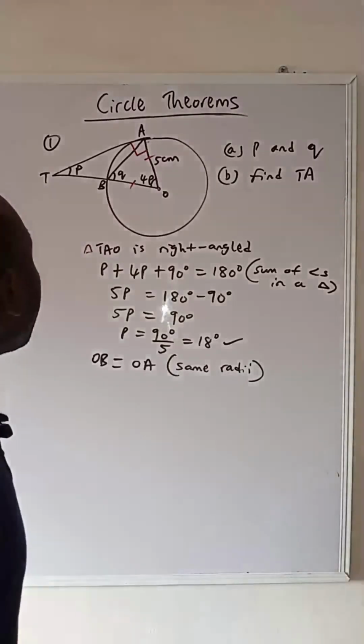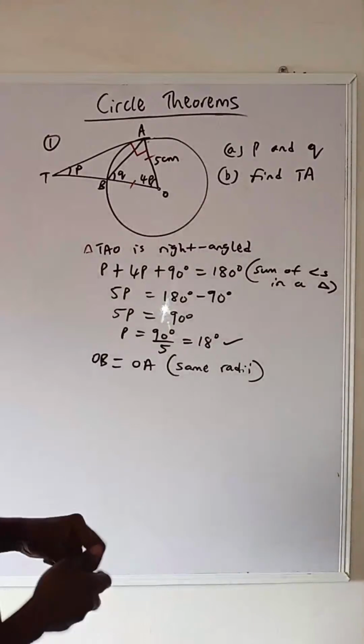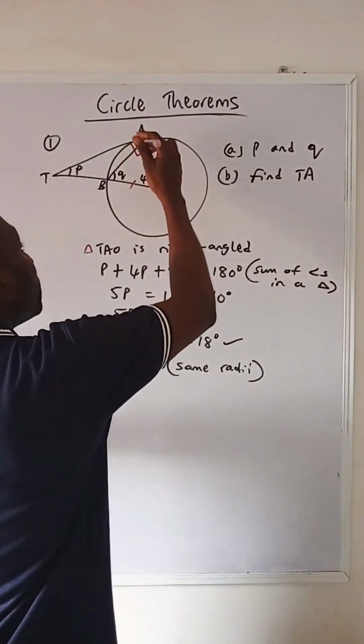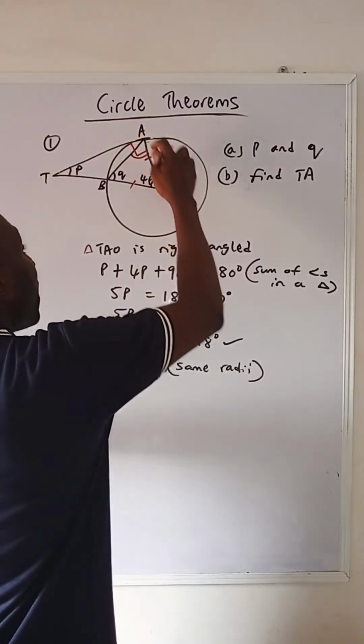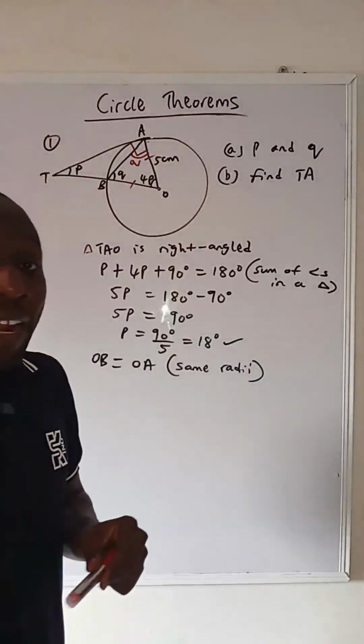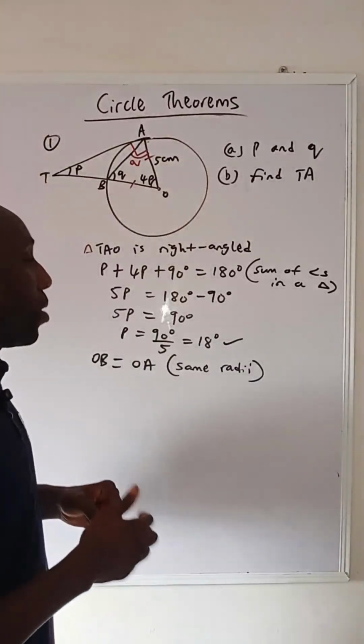So you may ask, how is that going to help us? Of course, it will, because we know that this angle here, angle OAB, will also be Q. Why is that so? Base angles of an isosceles triangle.